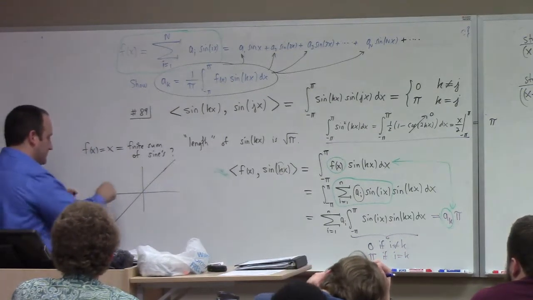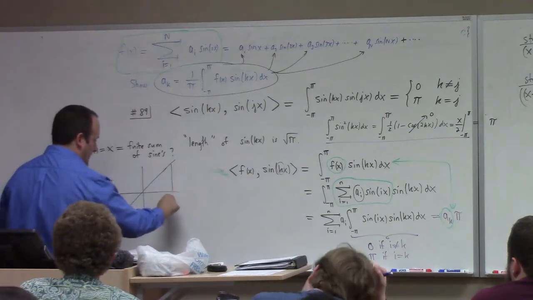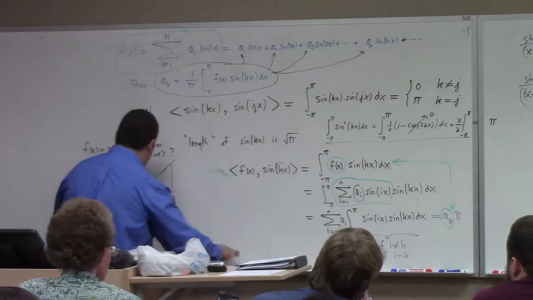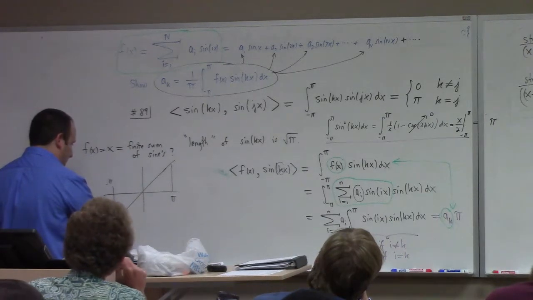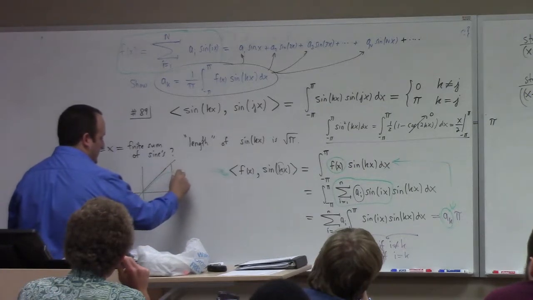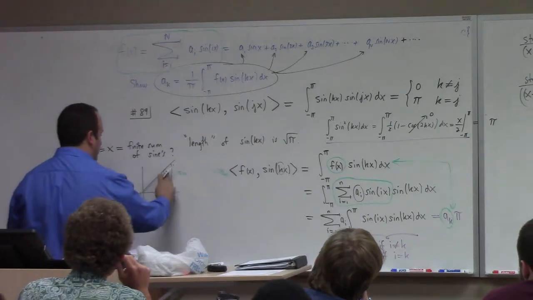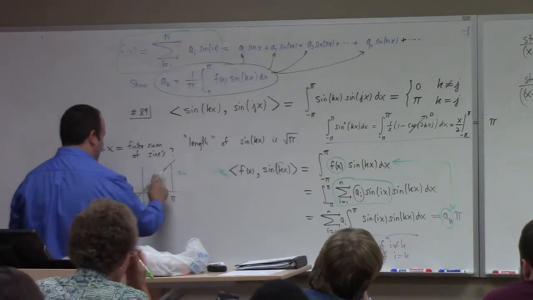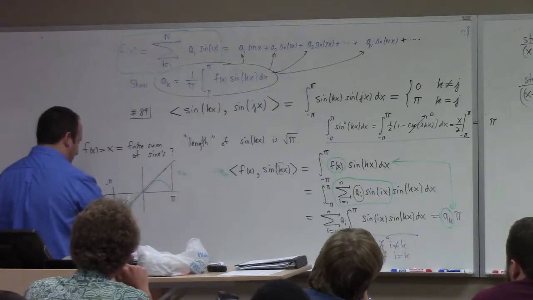So minus pi. The sine would be something like, I don't know, like that. Maybe that's the first thing. Oh, I can't do math. What's sine of x? What's sine of pi? I'm an idiot. Yeah, sine of pi is 0 and sine of minus pi is 0, right?